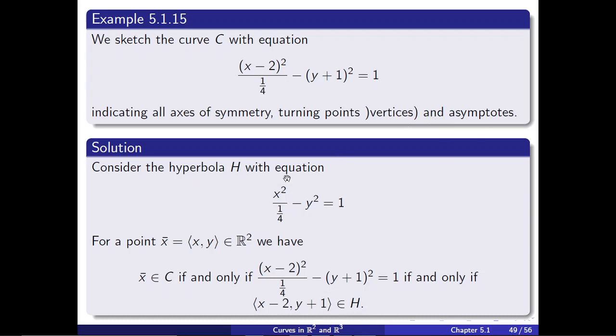So consider the hyperbola. We start off with the one that is centered on the origin, and we get that it looks like that, and then we can deduce that x is in C if and only if that is equal to 1, and that is if and only if (x minus 2, y plus 1) is in H, right?